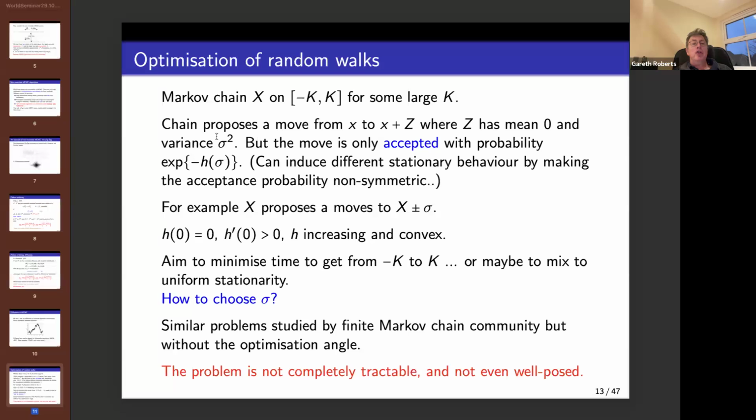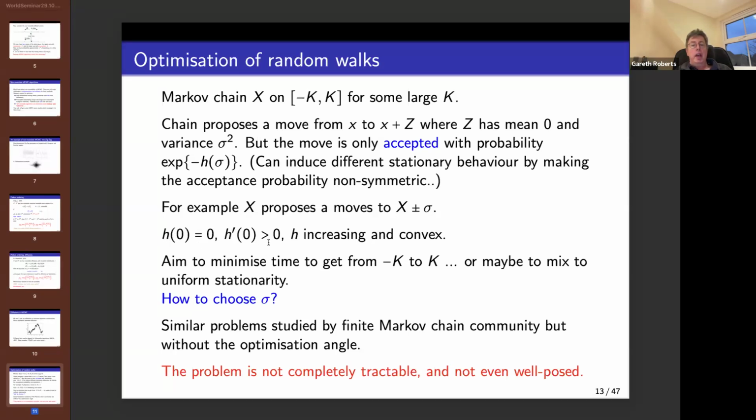I'm going to put some regularity on the function h. The only purpose of putting this regularity in is to ensure that there isn't a trivial solution, that the optimal thing isn't to take sigma as large as possible, so that I jump in one step from minus k to plus k. It will turn out that in cases of interest, this is exactly what happens.